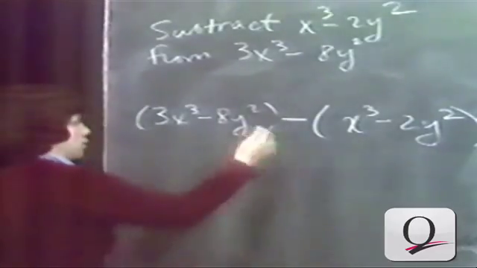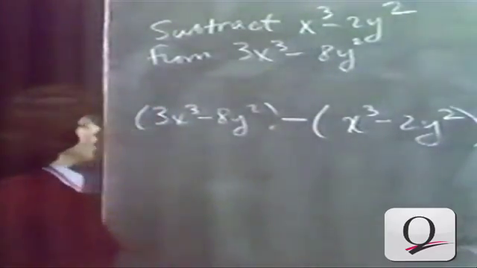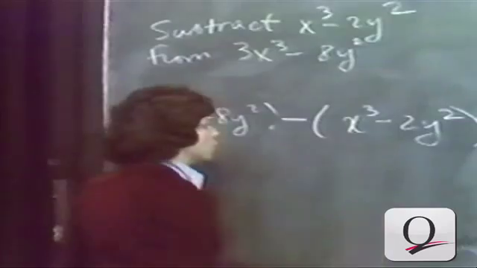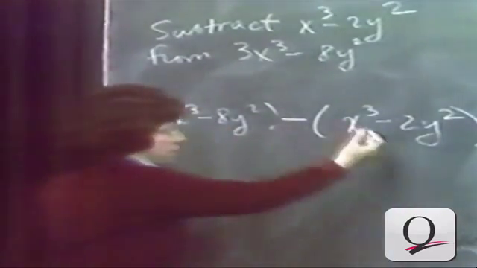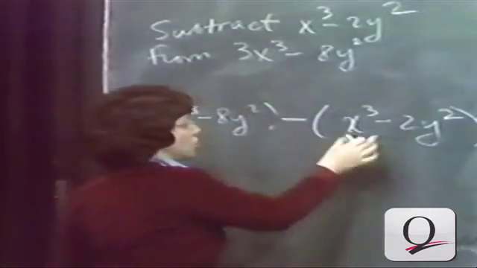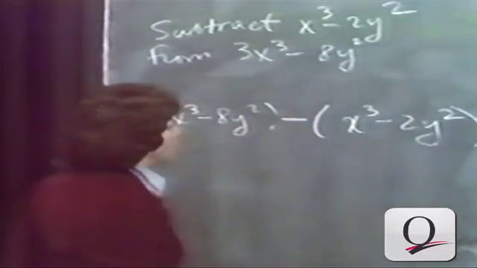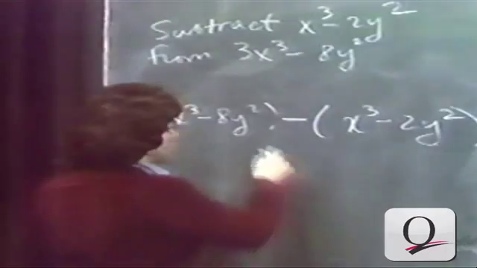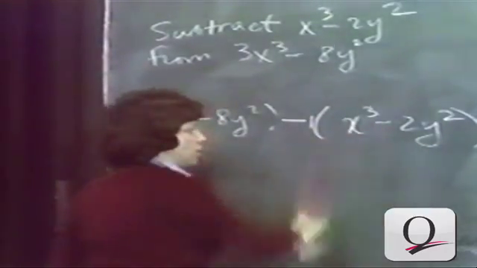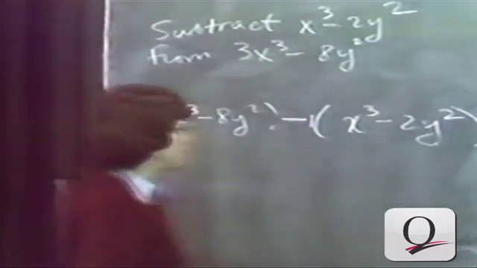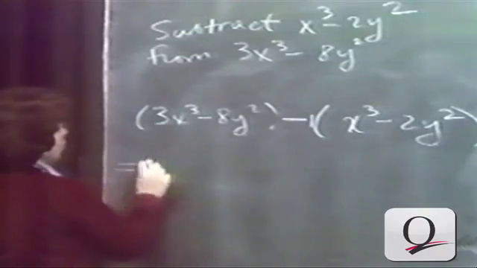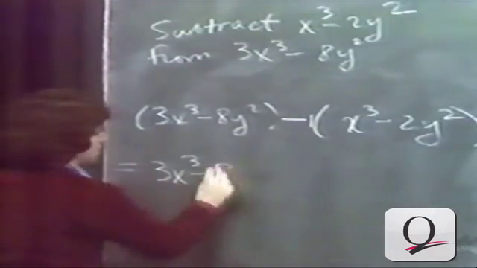Okay, now, two ways of looking at this. One way, when you're going to subtract, of course, you know you can add the opposite. So what we can do is simply change the sign of every term in the parentheses and then add. Or you can think of this as really minus 1 to be distributed through the second parentheses. Either way, you get 3x cubed minus 8y squared.